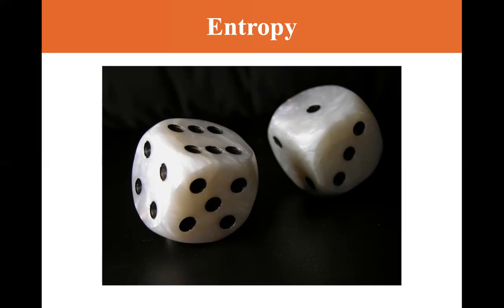Now, what about the macrostate of getting a 2? There's only one microstate. You can get a 1 and a 1. We look at macrostates in 3 ways. Uncertainty.